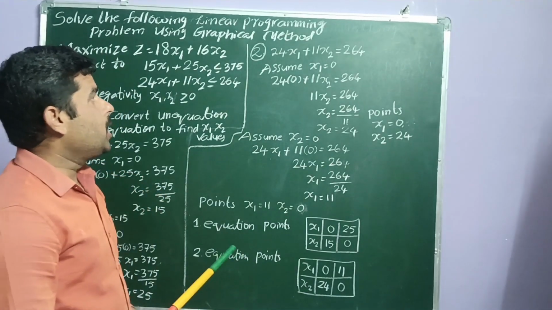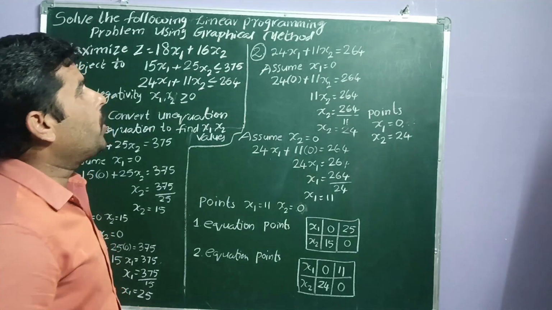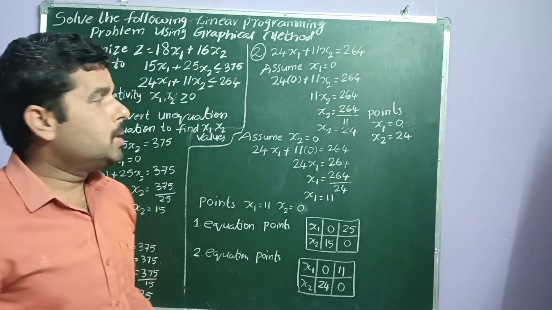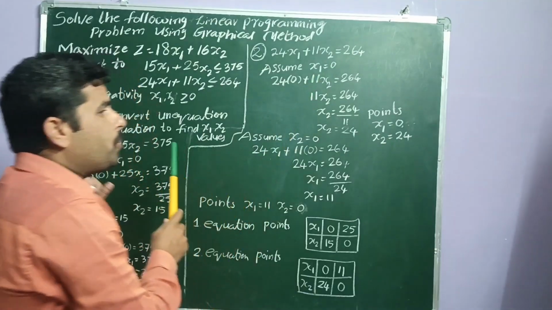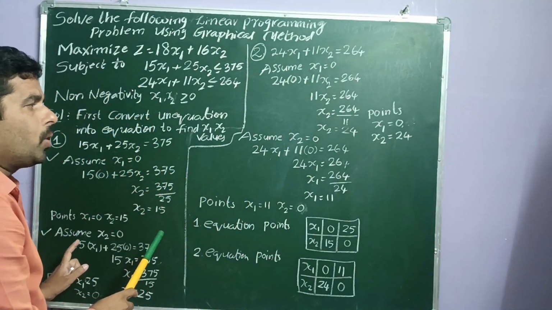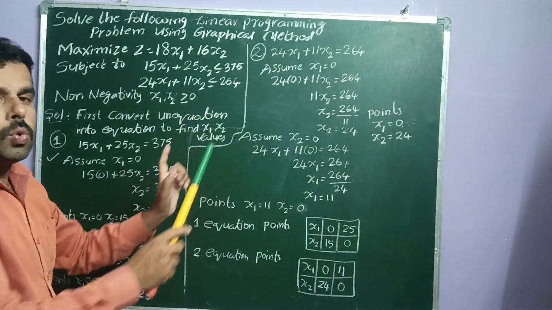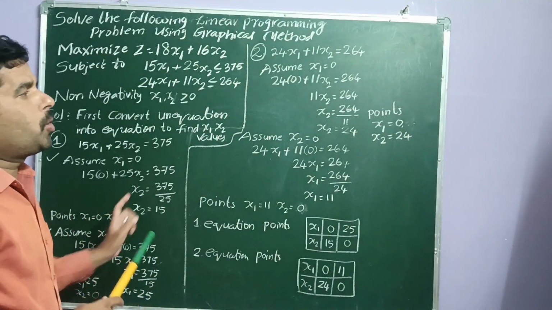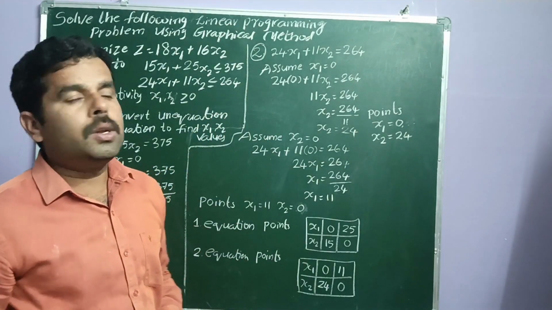The next one is equation 2, that is 24x1 plus 11x2 equals 264. The same procedure we applied for equation 1, we apply for equation 2 also.